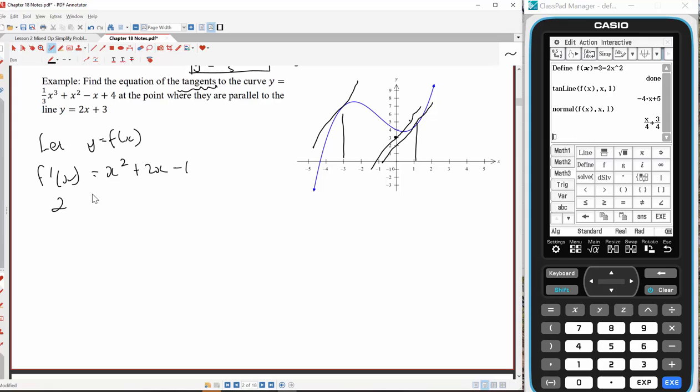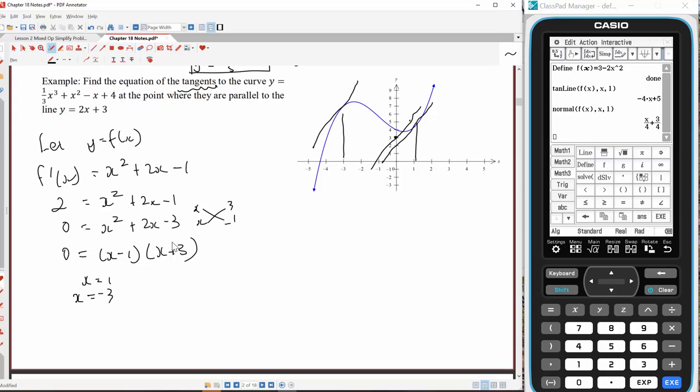So I'm going to let f dash x be equal to 2. We might recall with quadratic functions, we need to let one of the sides equal 0 to apply the null factor law. So x is equal to 1, and x is equal to -3, as we thought in the picture.